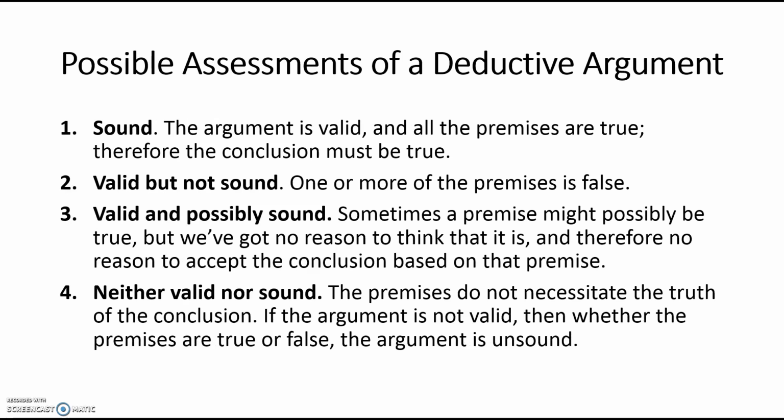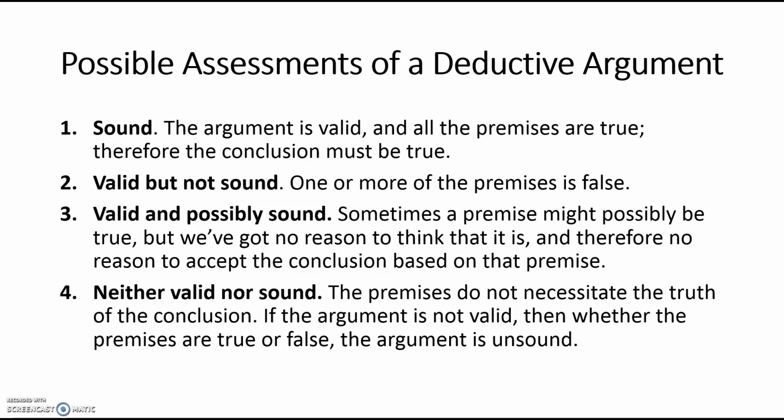So here are the possible assessments of a deductive argument, and you've already seen these. If you decide that it's logically valid and the premises are all true, then you've got a sound argument. And that means you buy the conclusion. The conclusion has to be true. If you think that it's a valid argument, that is, if the premises were true, then the conclusion would be true, but you think that actually one or more of the premises are false, then it's valid but not sound.